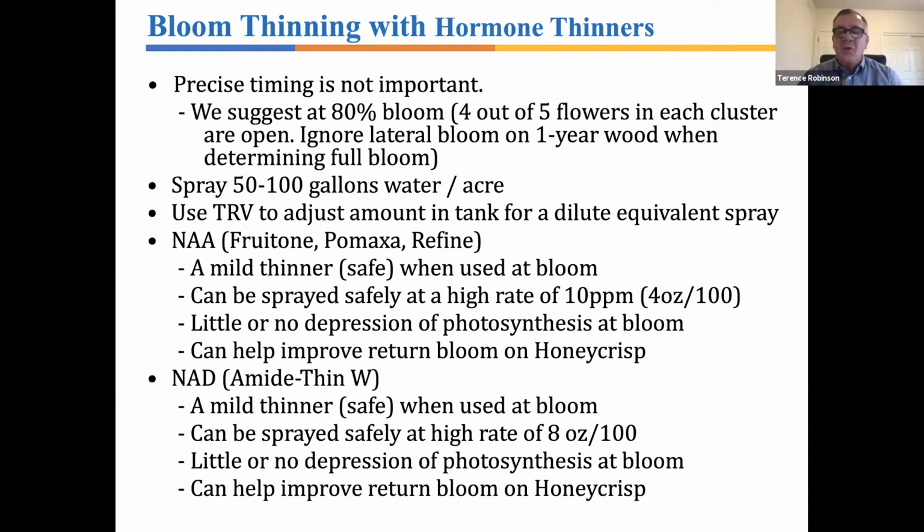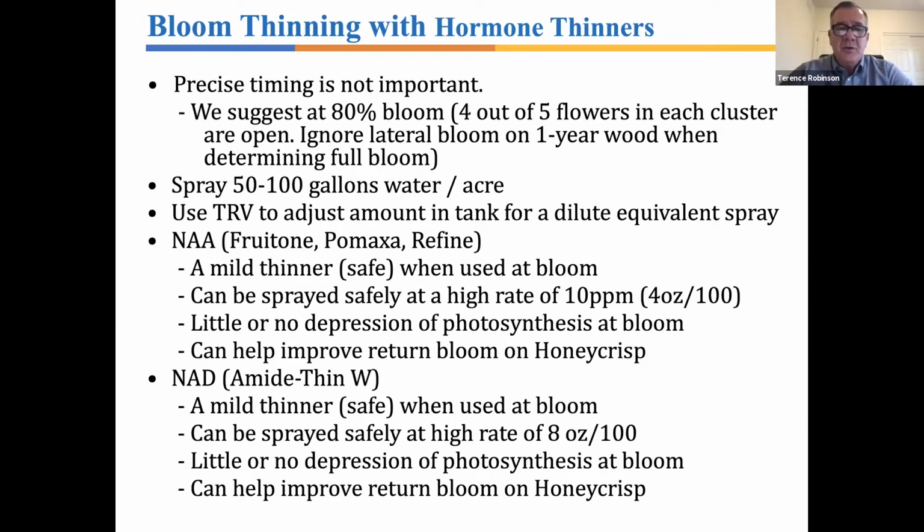Now, it's not that critical, the timing. You can spray a little earlier, a little later. With this one, we don't need such high spray volumes because we're depending on the hormone being absorbed by the leaves and having its influence inside the plant, not by burning the pistil. So we can spray 50 gallons an acre, or we can spray 100 gallons an acre, whatever you choose, or something in between.